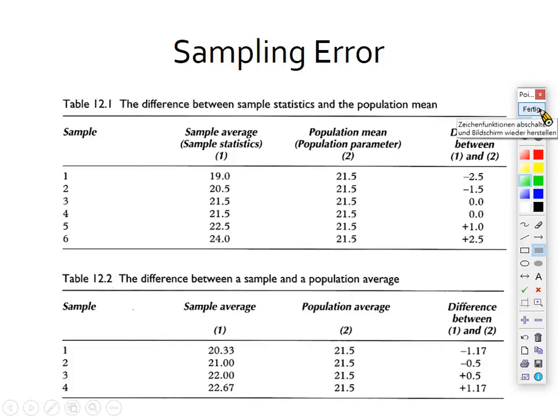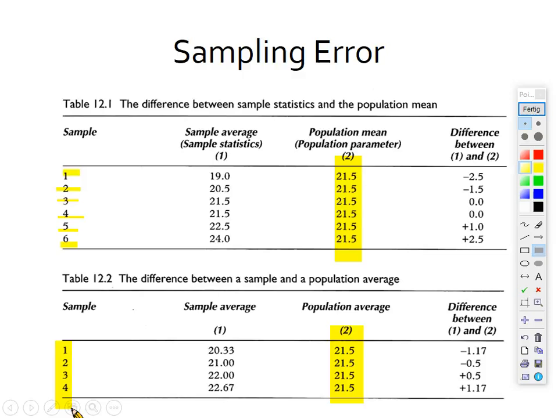So in this regard, we have the so-called sampling error. Sampling error refers to the comparison, the difference between the sample mean and the population mean. Let's look here. We have 2 sets. This is the real population average. And we have a sample 1, 2, 3, 4, 5, 6, and another 1, 2, 3, 4, 5, 6 supposedly.